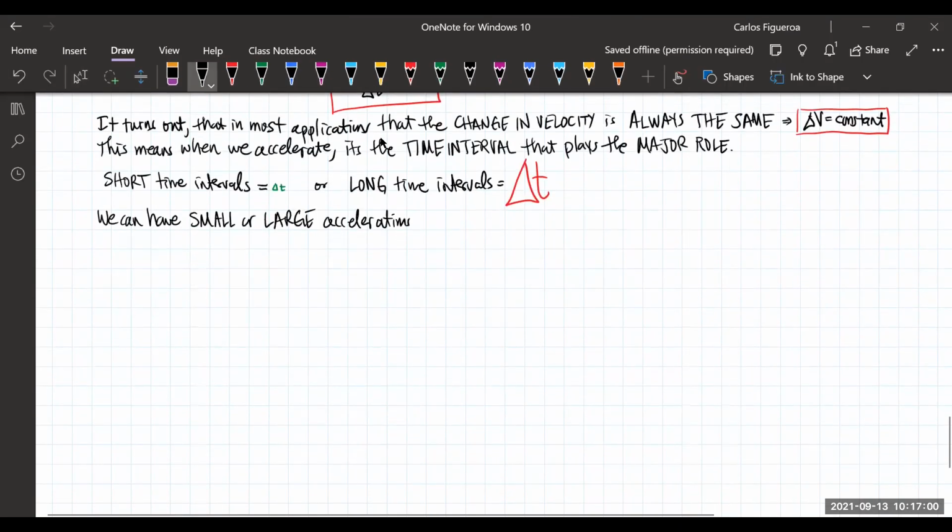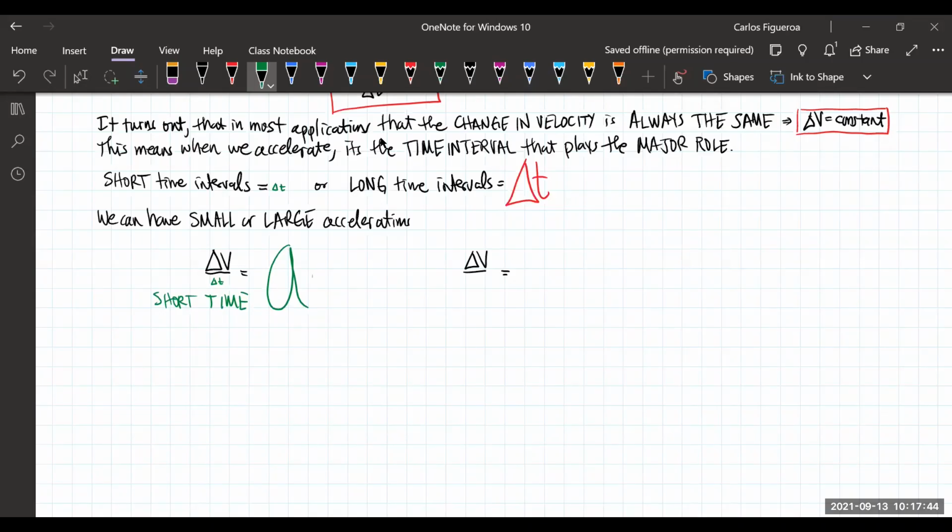So if I have a velocity change that does not change, in other words, this delta V is going to be the same as this delta V, the only thing that changes most of the time is going to be the size of the time interval. So for example, if I have a short little tiny time interval, that means I'm going to have a high acceleration.